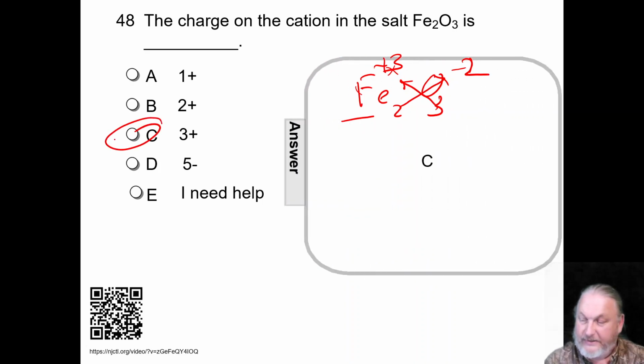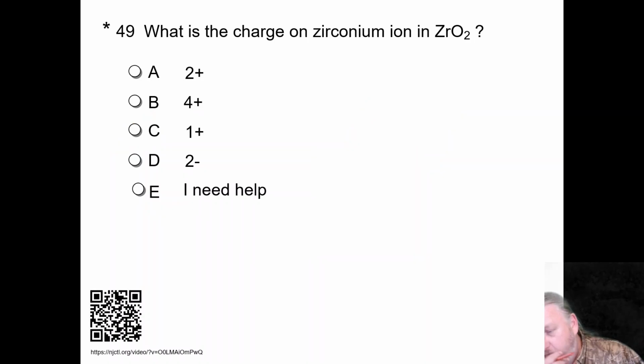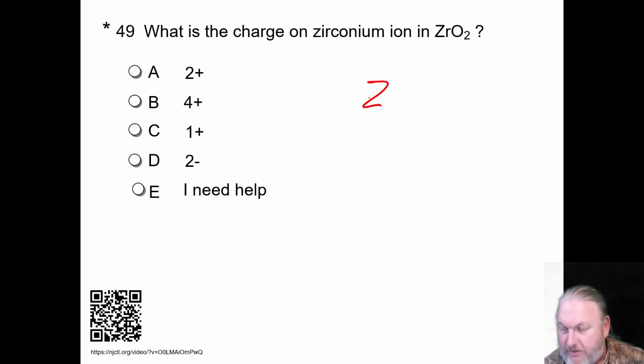And indeed it is. Ooh, what's the charge on zirconium ion in ZrO2? Zr? Don't know. Oxygen? Don't know. And it said 2. Well, I know oxygen is -2. It's got a 1 there. So that means reverse crisscross.